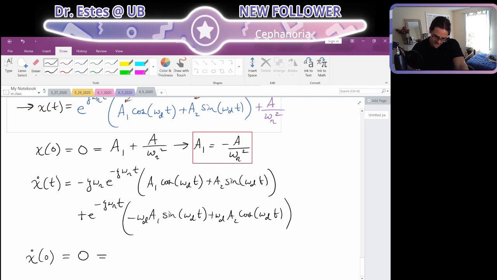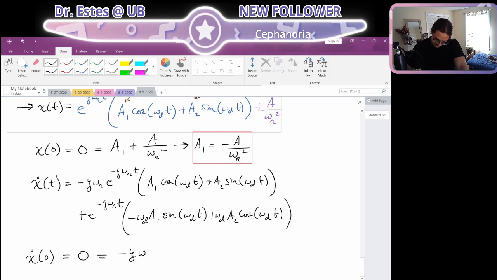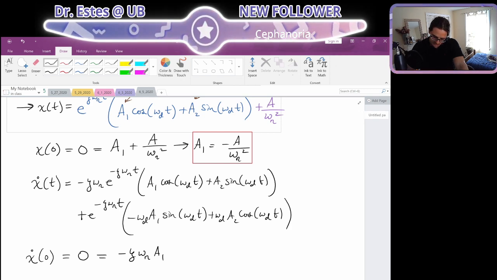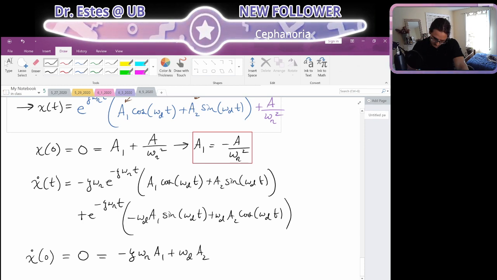So if I plug in 0 for time everywhere, only the cosine terms are going to remain. And I think this is all we're left with.